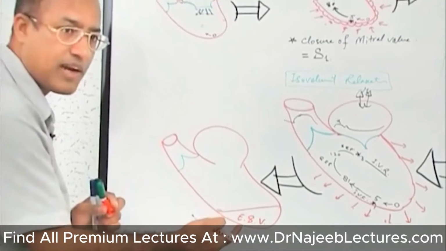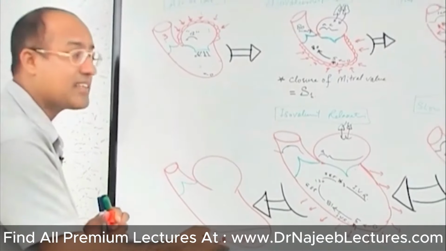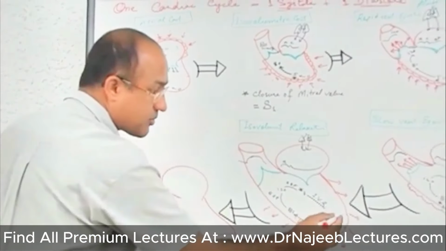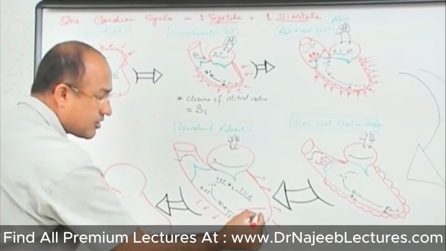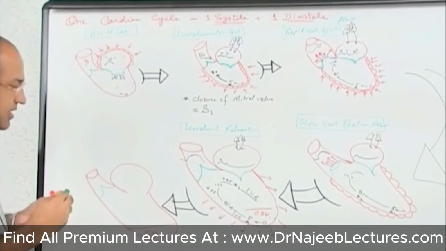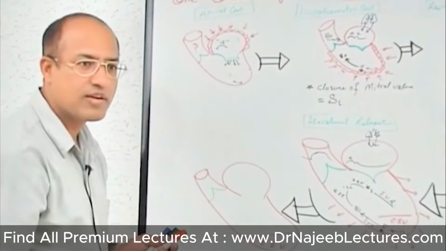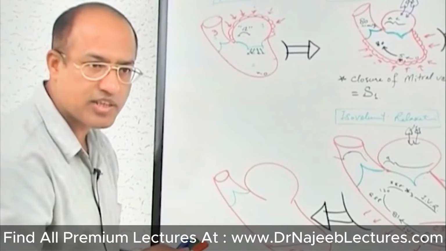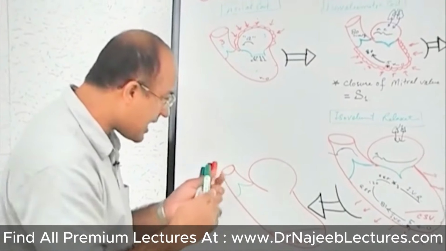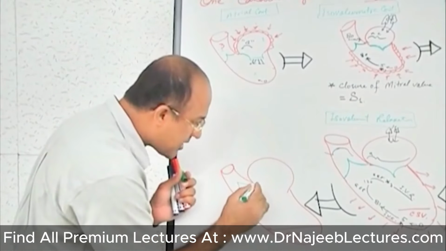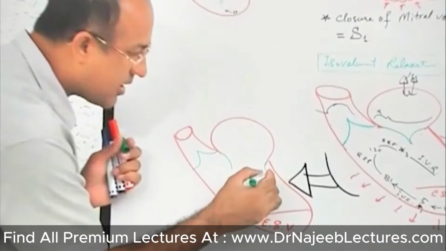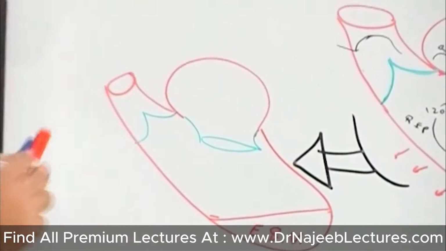The volume of the blood present in the ventricle at the end of systole. But at this very moment, as soon as pressure in the ventricle becomes less than the pressure in the atrium, what really happens is that the mitral valve will open.